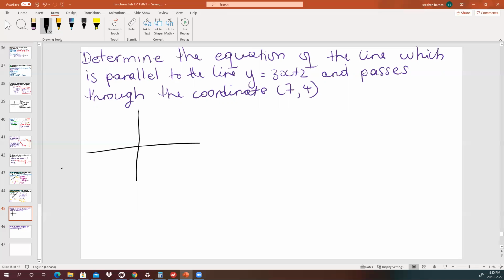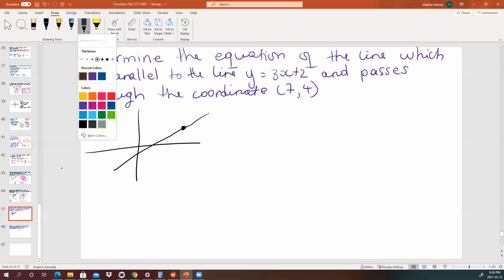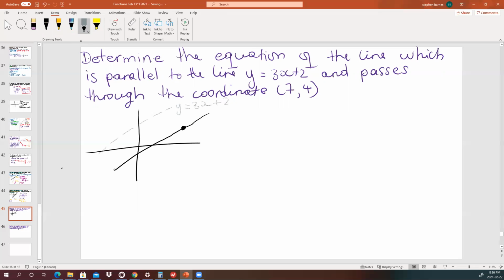So I'm just going to attempt to put that on the board. We know that our line passes through 7 and 4, and it's also parallel to another line, and that line has an equation of y equals 3x plus 2, all right?